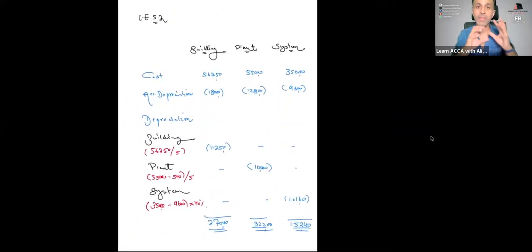This is the way the working note of property, plant, and equipment will be prepared in a constructed response question. Lots of things will be involved also. Disposals will be involved, revaluations will be involved, but this is how the pro forma will look.